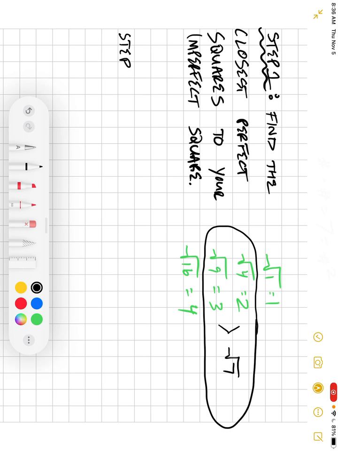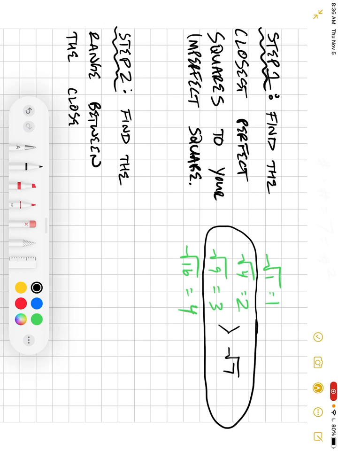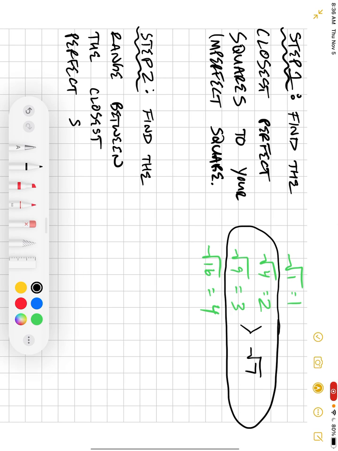So step 2 is find the range between the closest perfect squares.